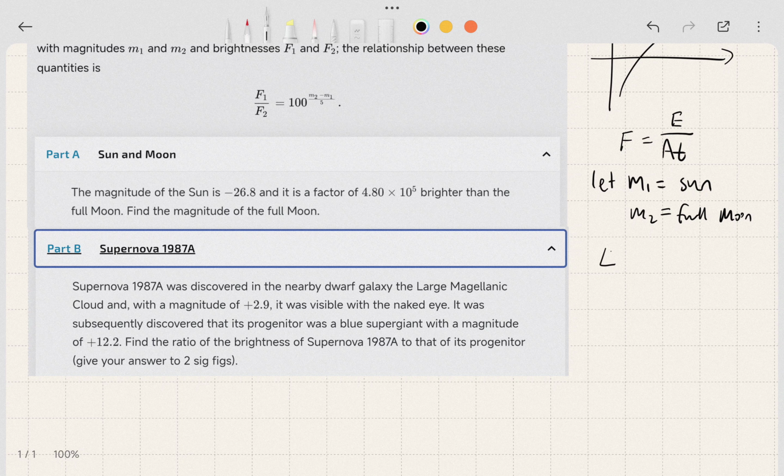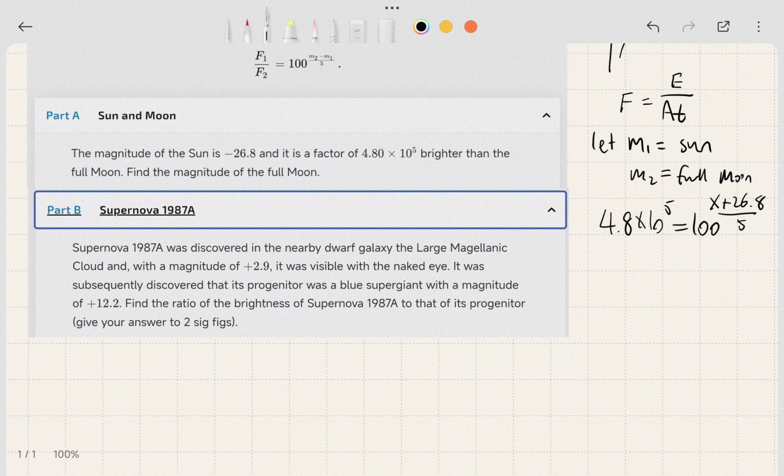So we have 4.8 times 10 to the power 5 is equal to 100 to the power of m2, which is x, minus m1, which is minus 26.8, over 5.